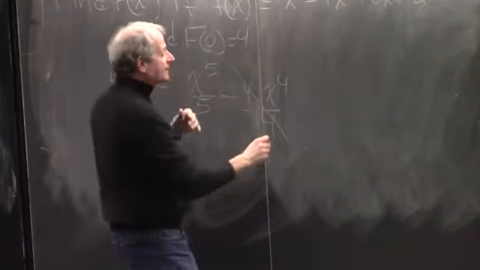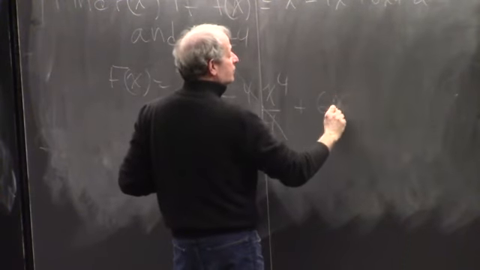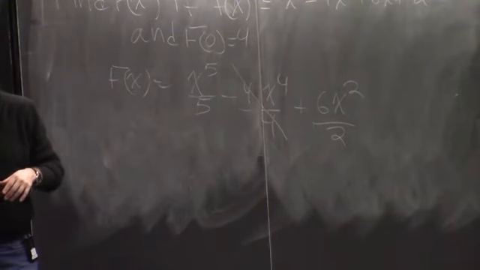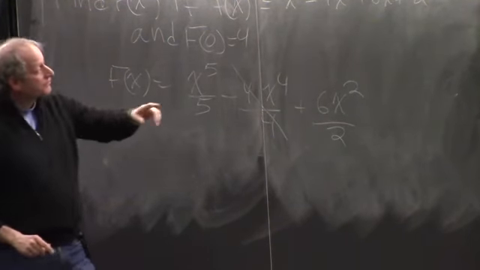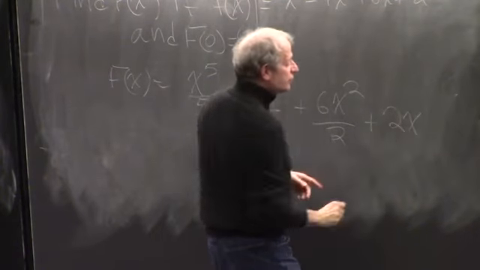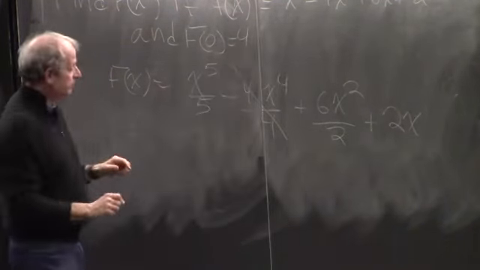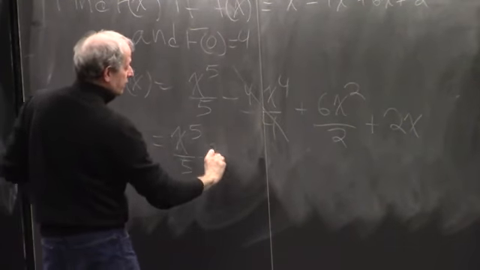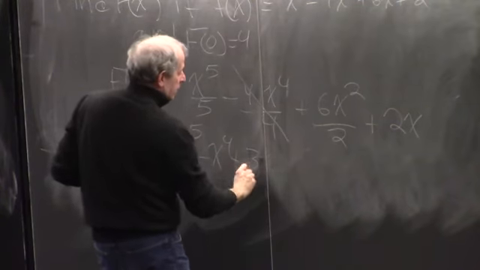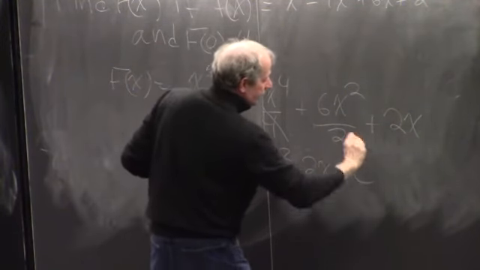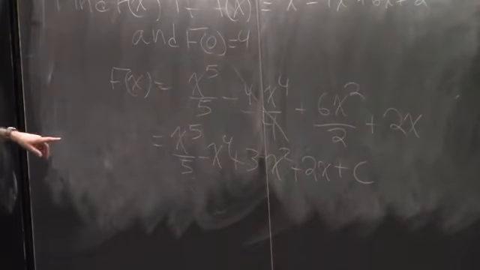For 6x, 6x squared over 2, that's going to reduce to 3x squared. Because if you take the derivative of 3x squared, you get 6x. And the antiderivative of 2 is 2x. The derivative of 2x is 2. Plus c, right? Don't forget the plus c.